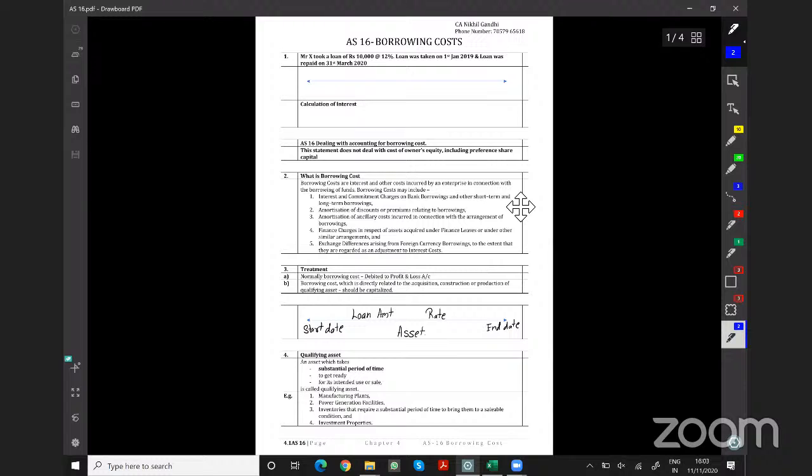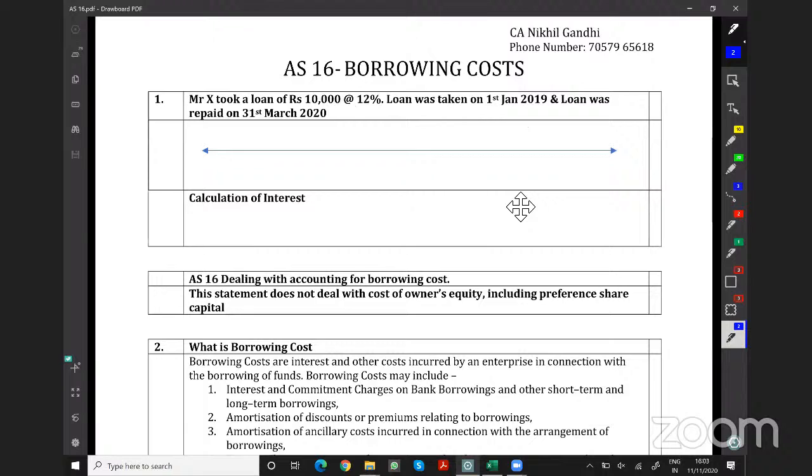So AS 16, Borrowing Cost. See, before starting this standard, we will understand what is borrowing cost and what is the normal treatment of borrowing cost here. So what is borrowing cost? The cost which is relating to borrowing should be termed as my borrowing cost.